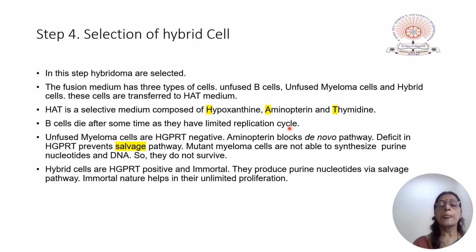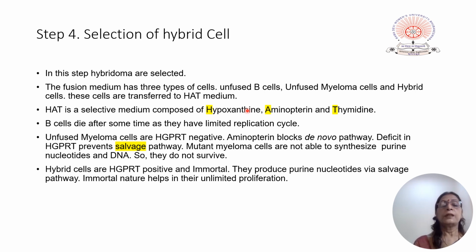Plasma cells are HGPRT positive and they can carry out the salvage pathway. So even if aminopterin blocks the de novo pathway, the plasma cells will survive by carrying out nucleotide biosynthesis by the salvage pathway because they are HGPRT positive.